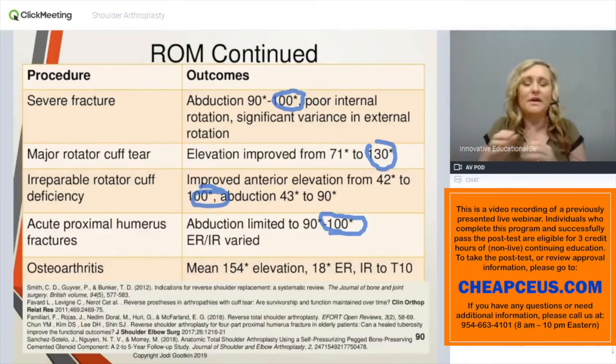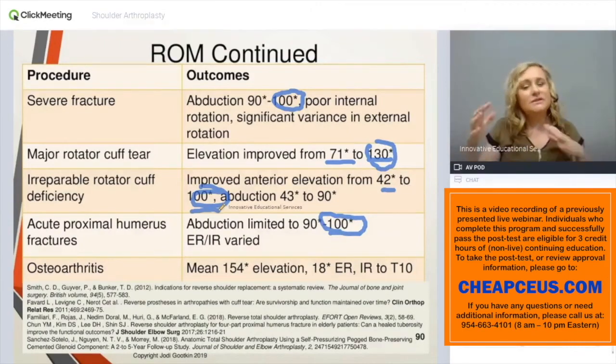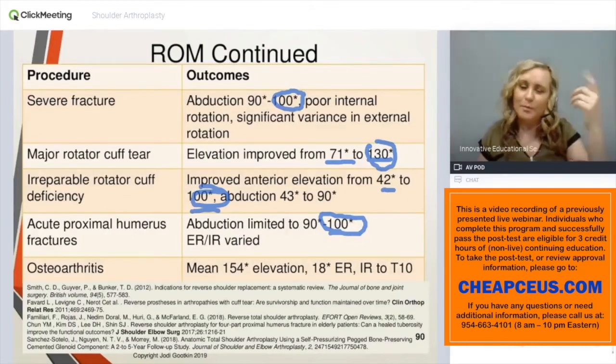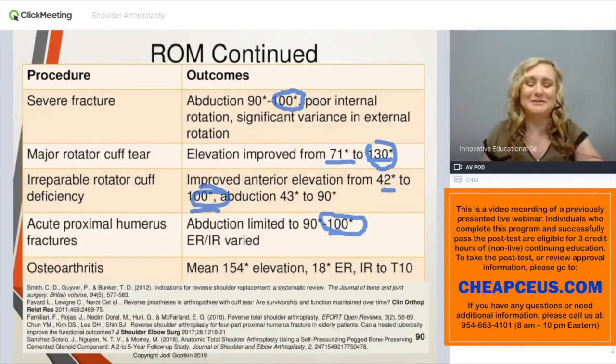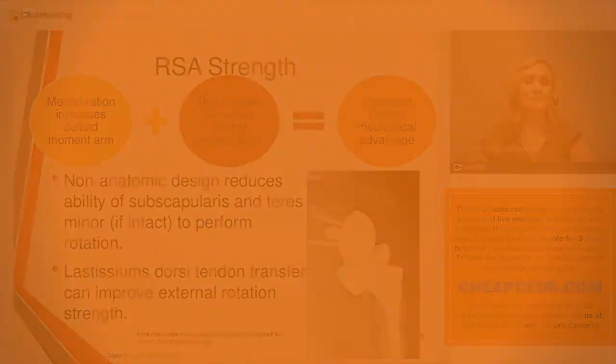For example, these patients went from 71 degrees to 130 degrees, or from 42 to 100 degrees. So they saw a generally 50% increase. Don't hold me to that, but it might be a point of conversation with some of the physicians that are referring to you. What are they saying as gains, if it's not one set end point that you're shooting for?